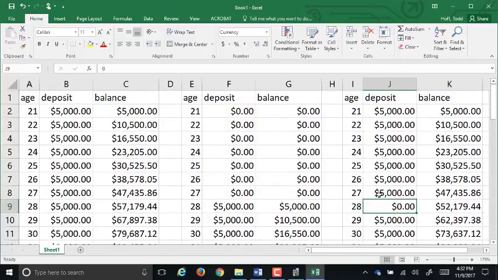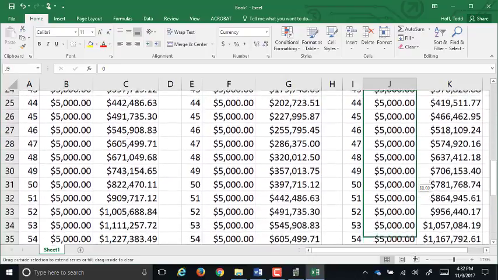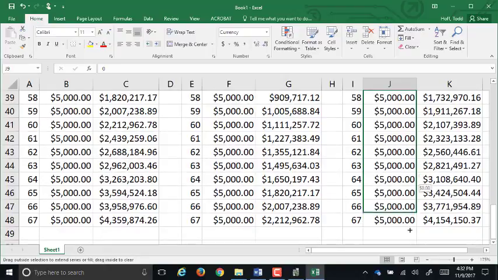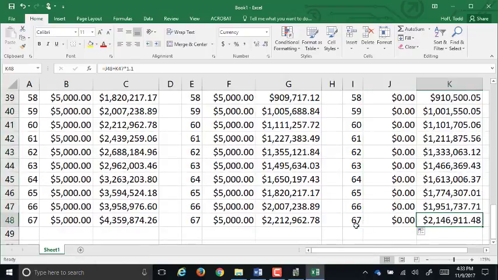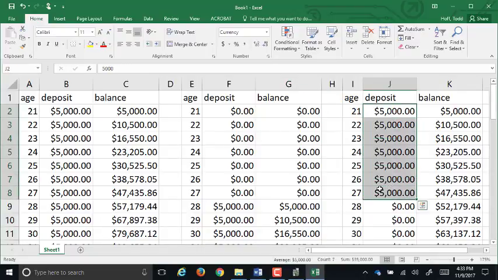This person saved for 8 years and is never going to put another penny away again. You end up in the same spot, 2.1 or $2.2 million, because of the compound interest. That first 8 years of investing when you start to work is worth more than the rest of your life is.